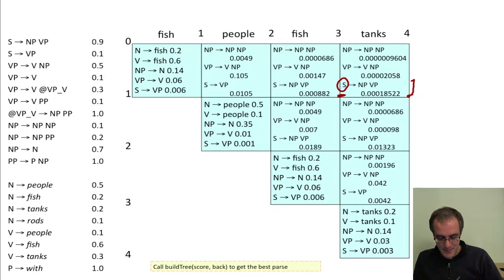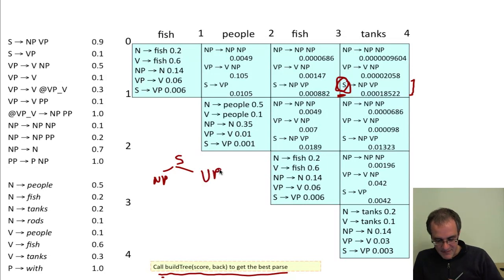The answer is we can find it by calling this build tree routine that traces backwards through the tree. So we know that the first thing that we built at the top, just taking this starting point, is an S goes to NP VP.